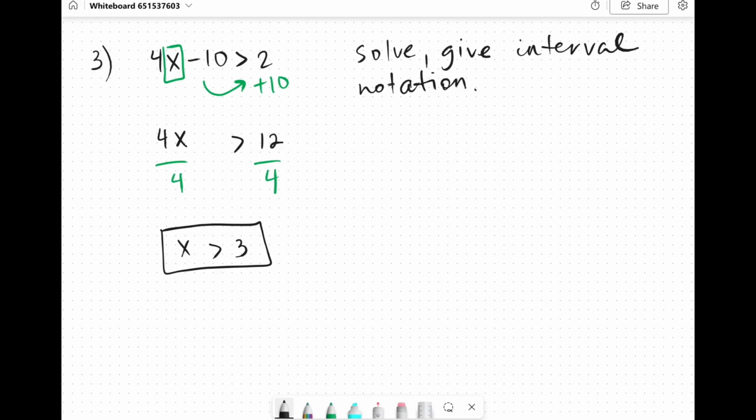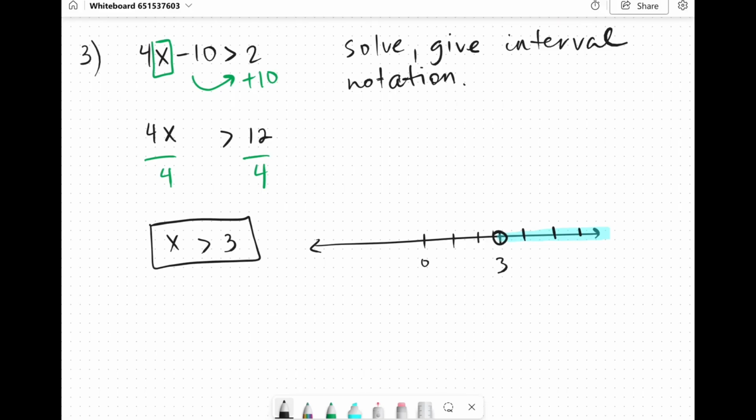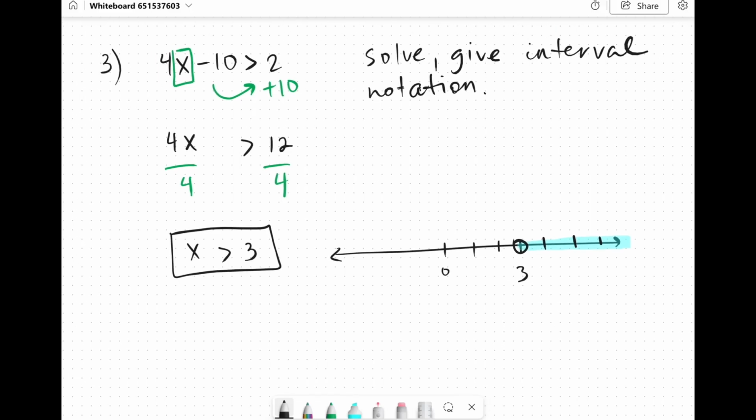Again, this question is not asking for a graph, but I'm still going to go ahead and graph it, and then based on that graph, we will create our interval. Because x is bigger than 3, that includes numbers like 4, 5, 6, etc. So that's why I shaded the right side of the 3, I colored it, and then I gave 3 an open circle because my inequality is greater than and not greater than or equal to.